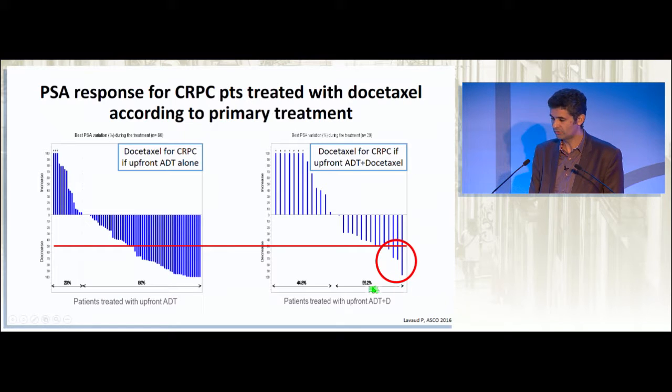Just a few patients really benefit, as opposed to the control arm. This is a control arm who was treated with ADT up front, and when they received docetaxel for CRPC, they benefited normally, let's say, as you would expect. So quite a big difference here with regards to docetaxel efficacy in CRPC.